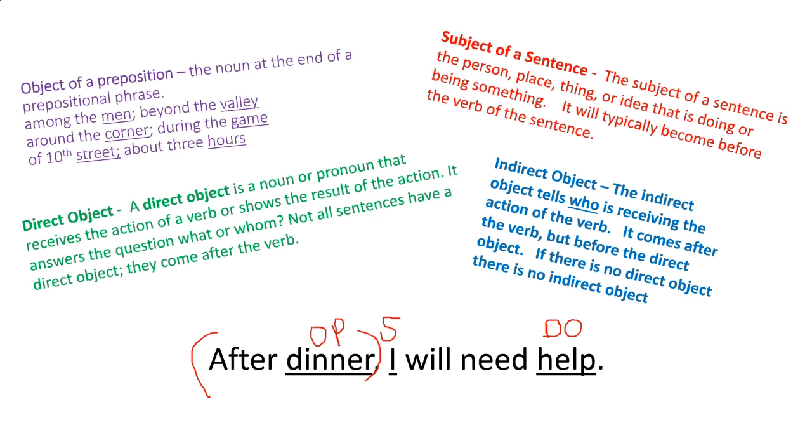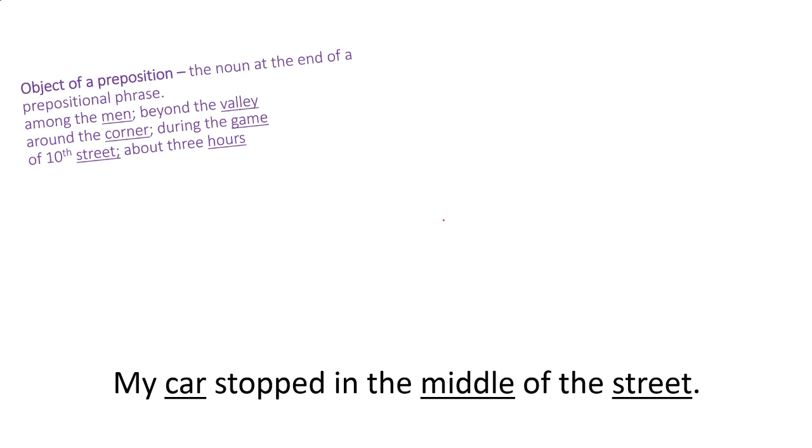Let's go on to the next one. My car stopped in the middle of the street. Okay, first of all, find the prepositional phrases. Okay, so in the middle is a prepositional phrase, and of the street is a prepositional phrase. So these are both objects of prepositions, or OP.